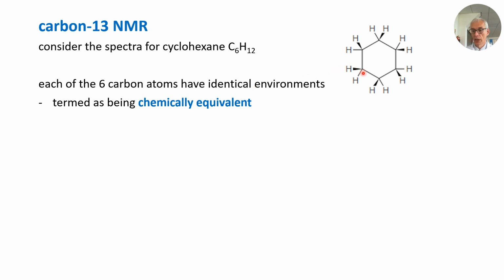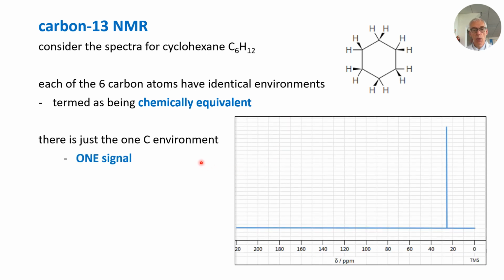So we will say each of these 6 carbons are chemically equivalent, which means that if there's only one chemical environment, we will only get one absorption peak. Each of the 6 carbons will contribute to it, but it will be at the same shift value. So we'll get one absorption peak, one carbon-13 signal, and that will correspond somewhere between 0 and 50, as this is a carbon-carbon environment.